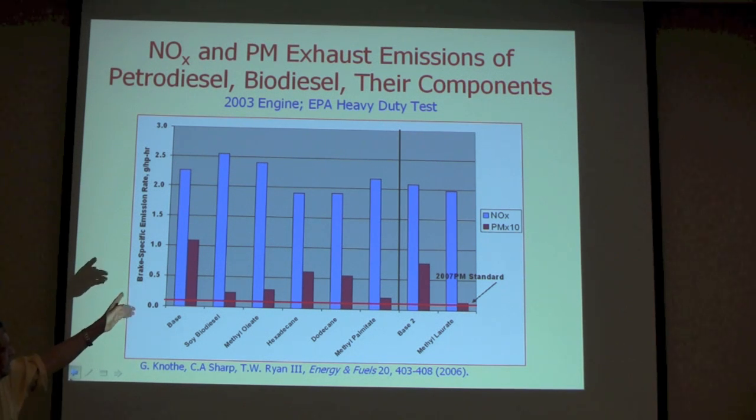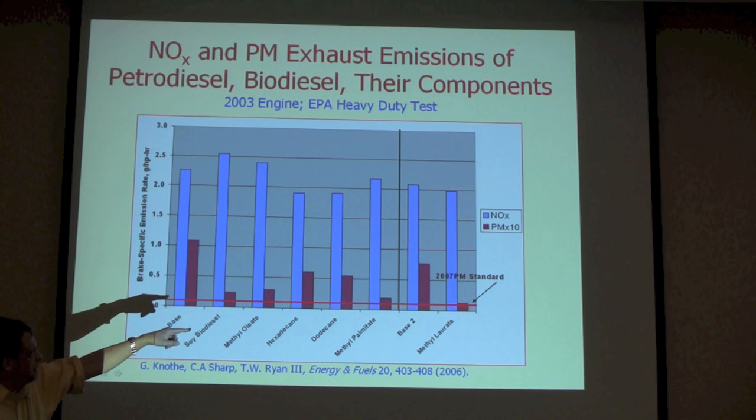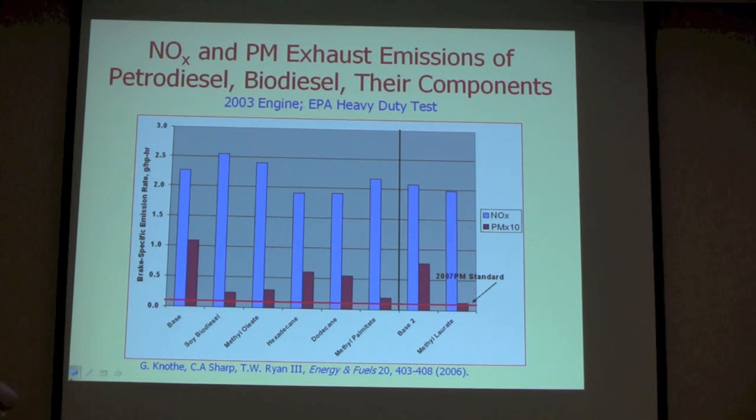But you'll see that essentially the other fuels, including the methyl palmitate and the methyl laurate, which are saturated fatty esters, actually lowered the NOx a little bit, but not quite as much as did the hexadecane and dodecane.